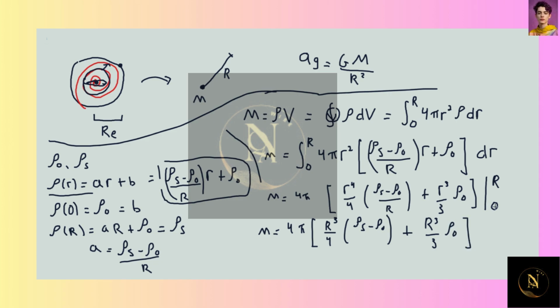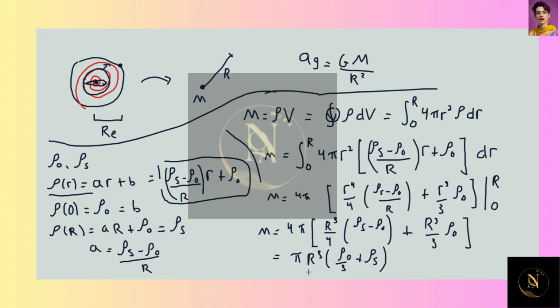And then we can see when we plug in 0 for r, this whole term is just going to be 0. So we can simplify this with a little bit of algebra. If we distribute out the 4 and then group all of our like terms, we can get this to look like pi R cubed times rho naught over 3 plus rho s.